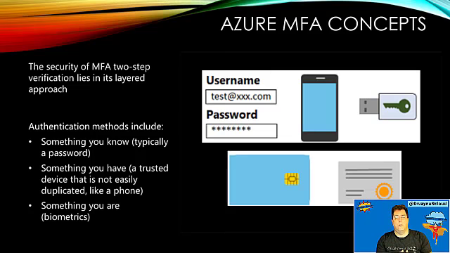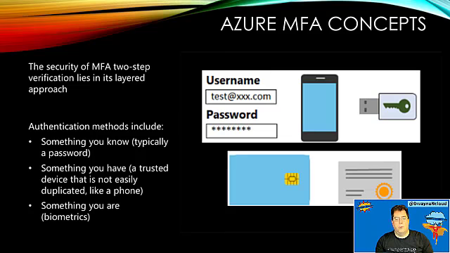So those aren't PIN numbers that you remember in your head. These are approvals that we are given in real time on something we have, which is our phone. Then there's something you are, which is a biometric. Utilizing Face ID or fingerprint on our phone, or Windows Hello, are all forms of that biometric secondary factor of authentication.